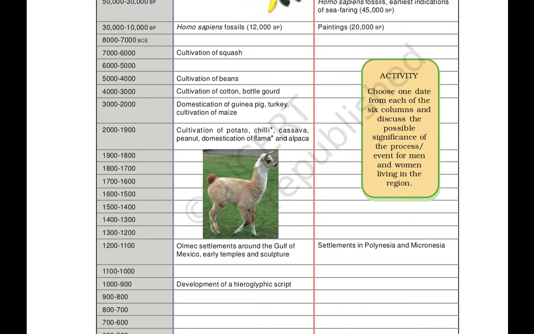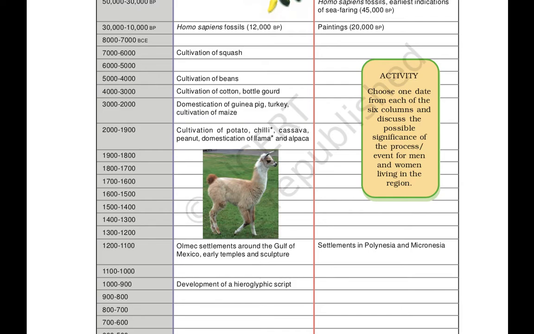From 8,000 to 7,000 BCE, no evidence was there. From 7,000 to 6,000, in Americas, cultivation of squash. Then 6,000 to 5,000. Then 5,000 to 4,000 in America, cultivation of beans.